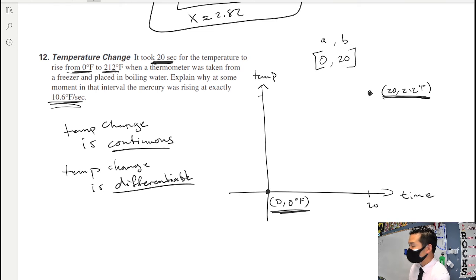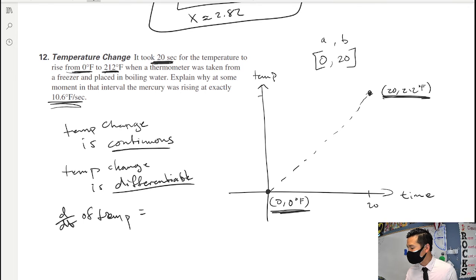Differentiable. So since it's continuous and differentiable, there's some rate at which the temperature is changing, or in other words, the derivative of the temperature should equal the slope of the secant line right here.